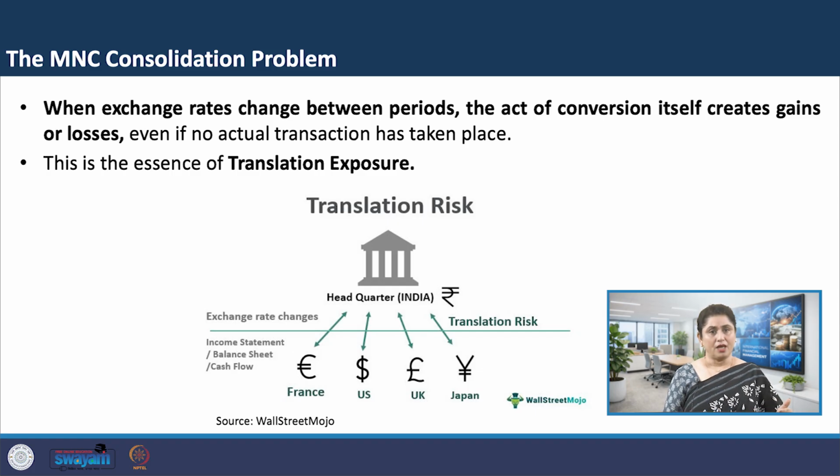But the parent company in India cannot present financial statements in multiple currencies. So it first needs to convert all these financial statements into Indian rupees. This means the financial statements of France, which are in euro, and the financial statements of USA, which are in dollars, have to be translated into Indian rupees.